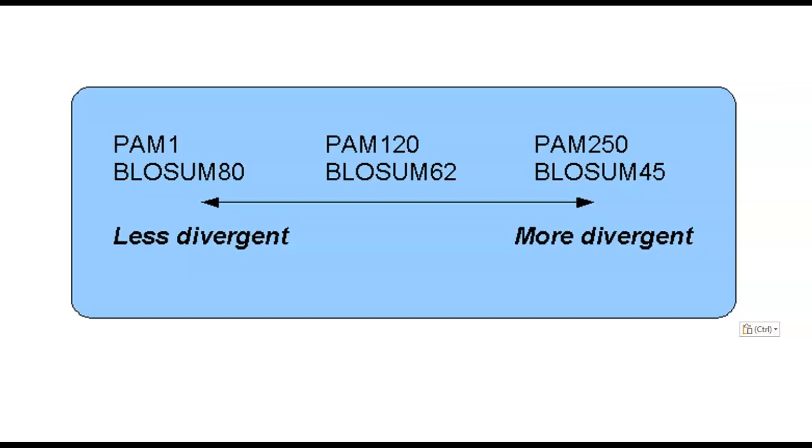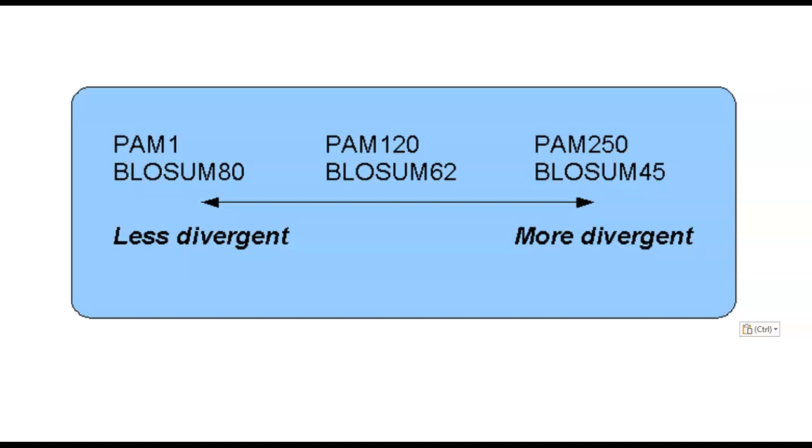And so the PAM numbers are very low and can go very high, to about 250. So PAM 250 would basically mean that there'd be around 250 mutations per 100 amino acids.